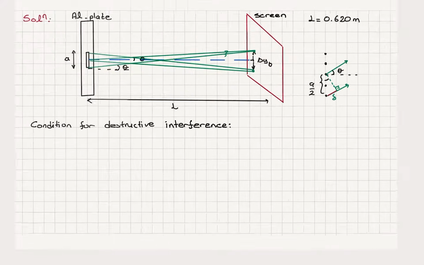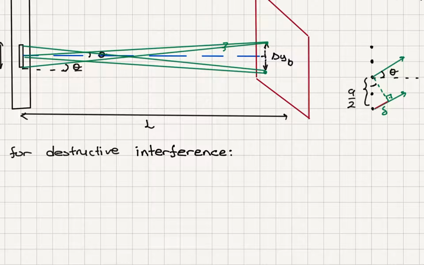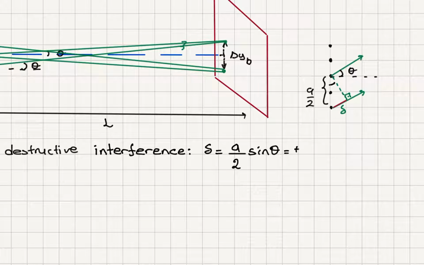So what's the condition for destructive interference? The condition is that the path difference delta between the two rays, which is a over 2 sine theta, must be equal to plus or minus lambda over 2. It should be half a wavelength.